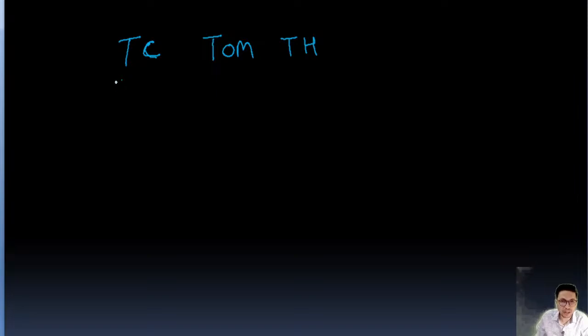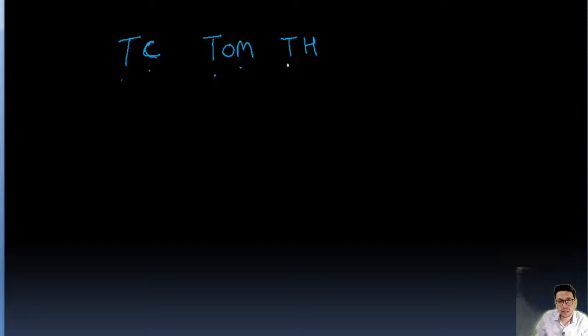T stands for trigonal, and C stands for cubic. Tom means: T stands for triclinic, O for orthorhombic, M for monoclinic.